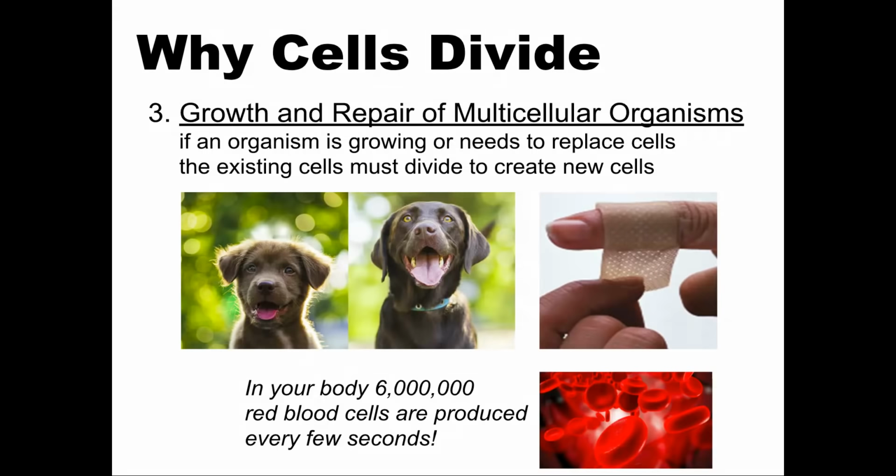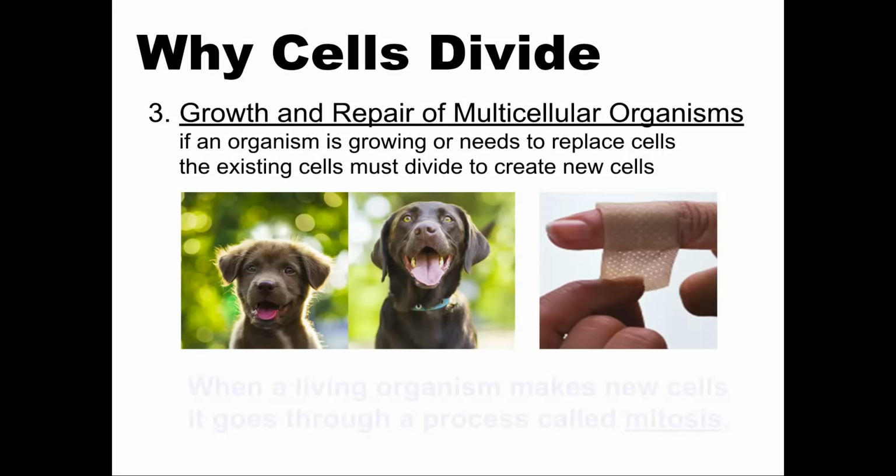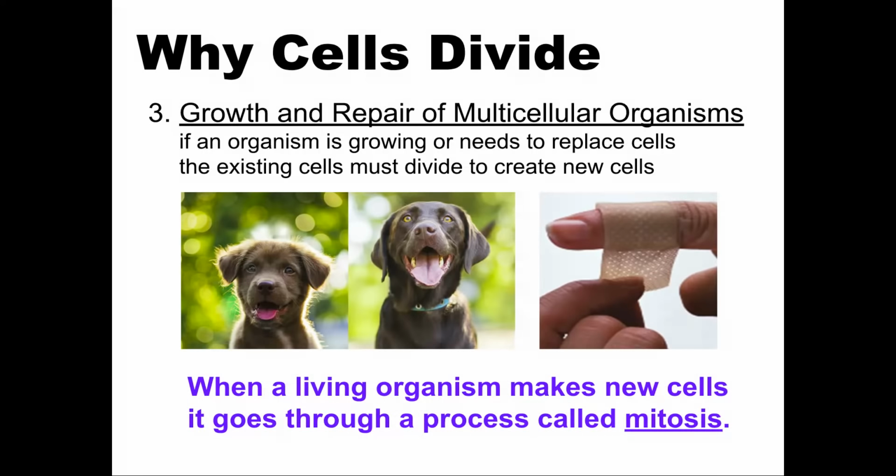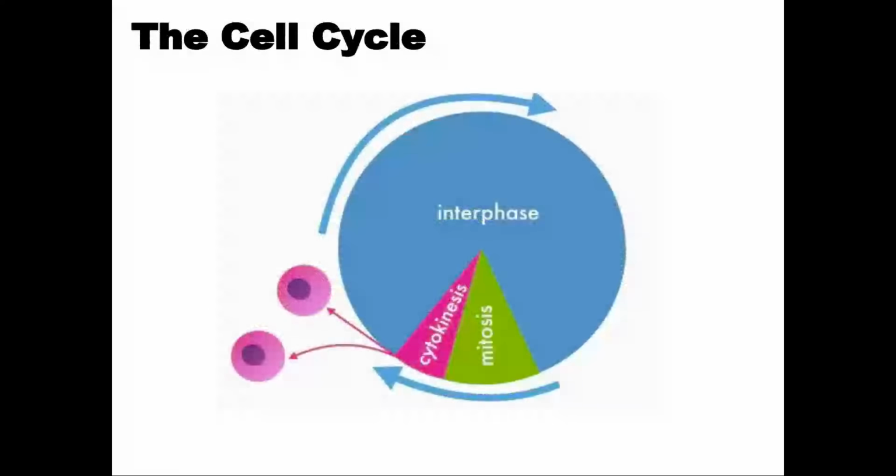It says about 6 million red blood cells every few seconds. And so, whether you're making new red blood cells or if this puppy is growing and turning into a dog, if you are making new skin cells to heal a cut, you are using the process of mitosis to make these new cells. And so, mitosis is just a very small part of the cell cycle.